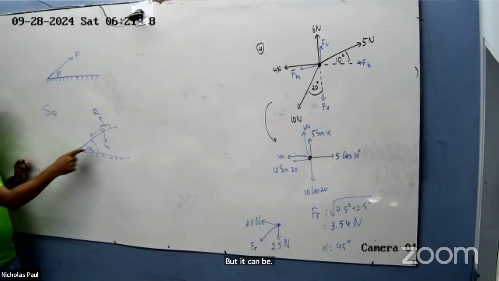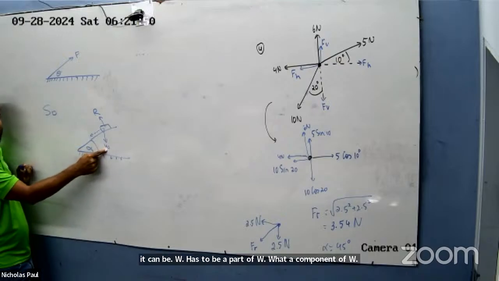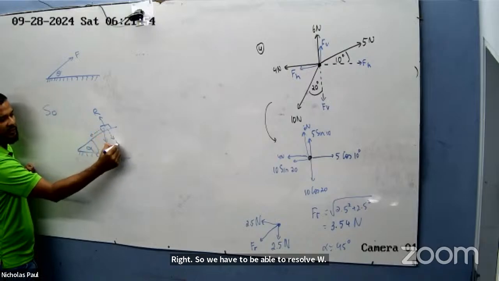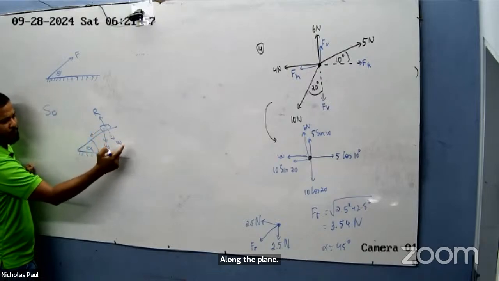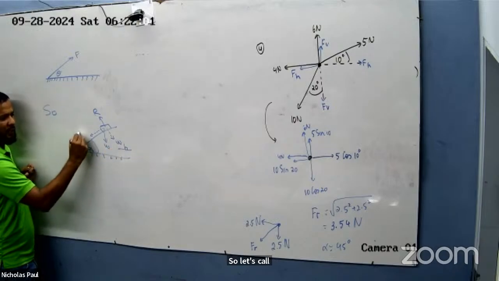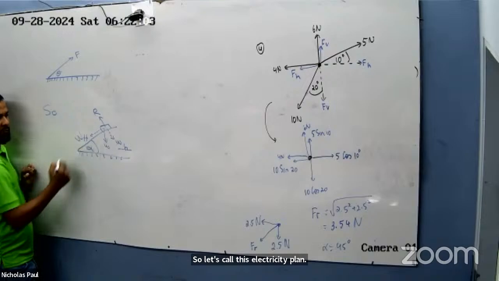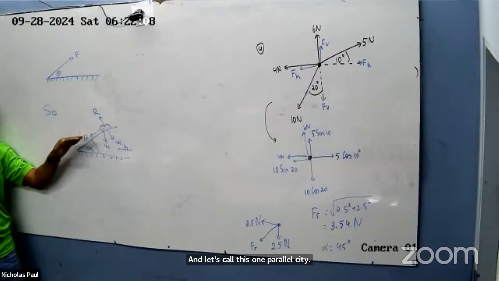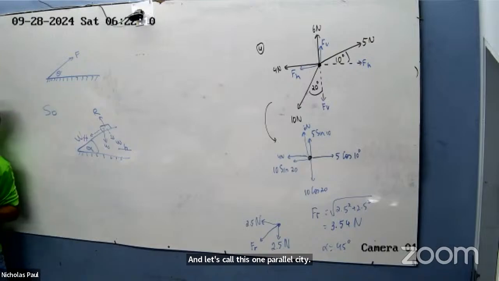So we have to be able to resolve W along the plane and perpendicular to it. So let's call this perpendicular to the plane, and let's call this one parallel to the plane. Plane meaning this plank here. Okay? So we have two things to look at.